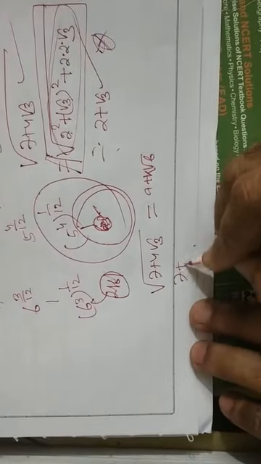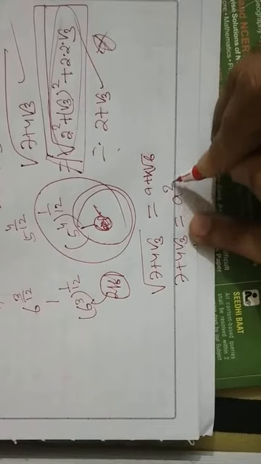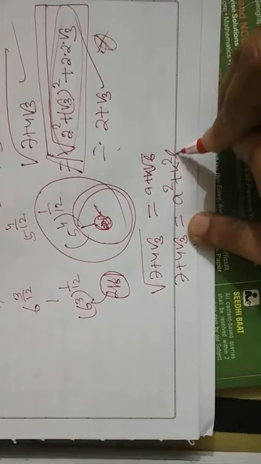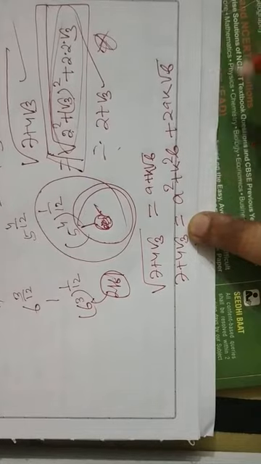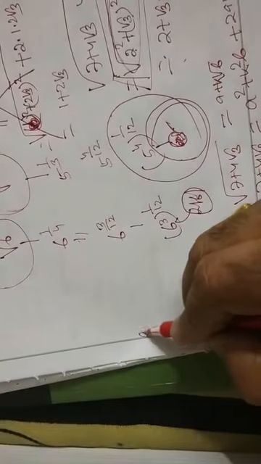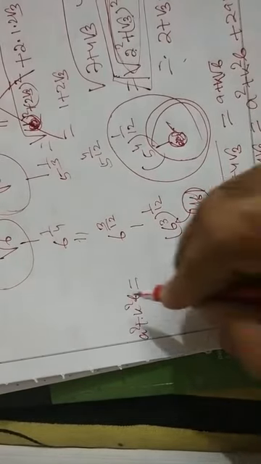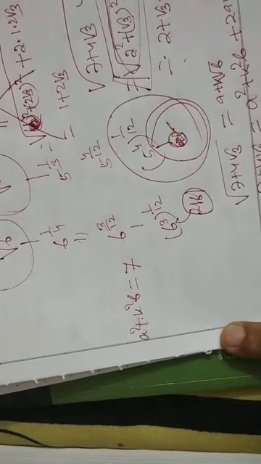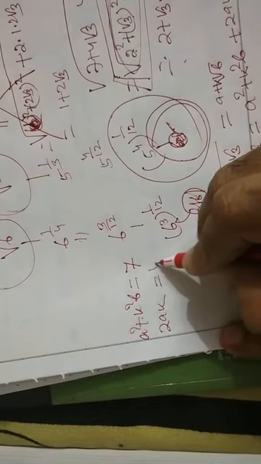Then 7 plus 4 root 3 is nothing but a square plus k square b plus 2ak root b. Now mark here. What is a square plus k square b? It is nothing but 7. And what is 2ak? It is 4.